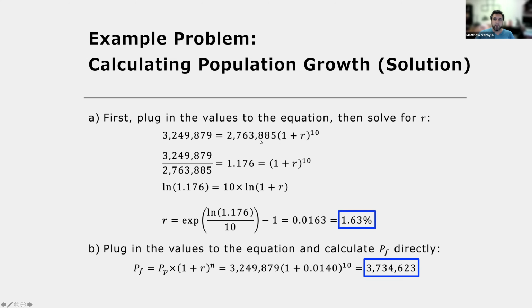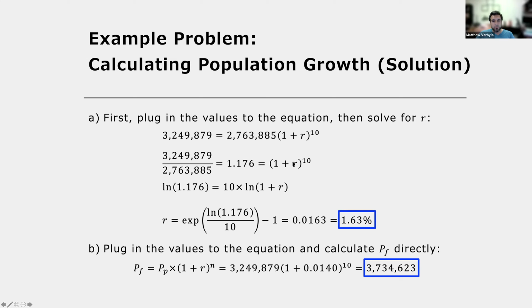So then we just rearrange this equation algebraically to solve for R. The first step is we divide both sides by 2.7 million. That gives us on the left-hand side of the equation, 3.2 million divided by 2.7 million is equal to 1.176, and that is equal to 1 plus R raised to the 10th.